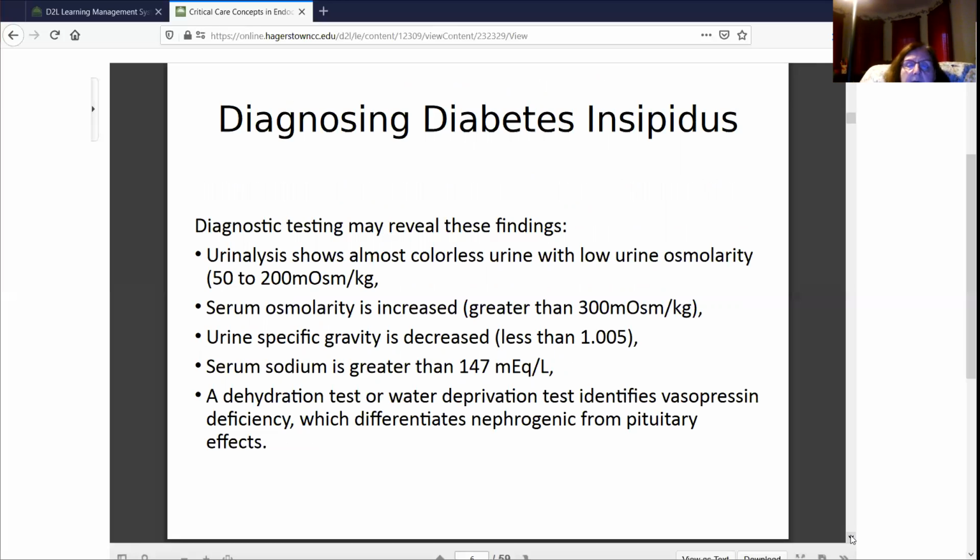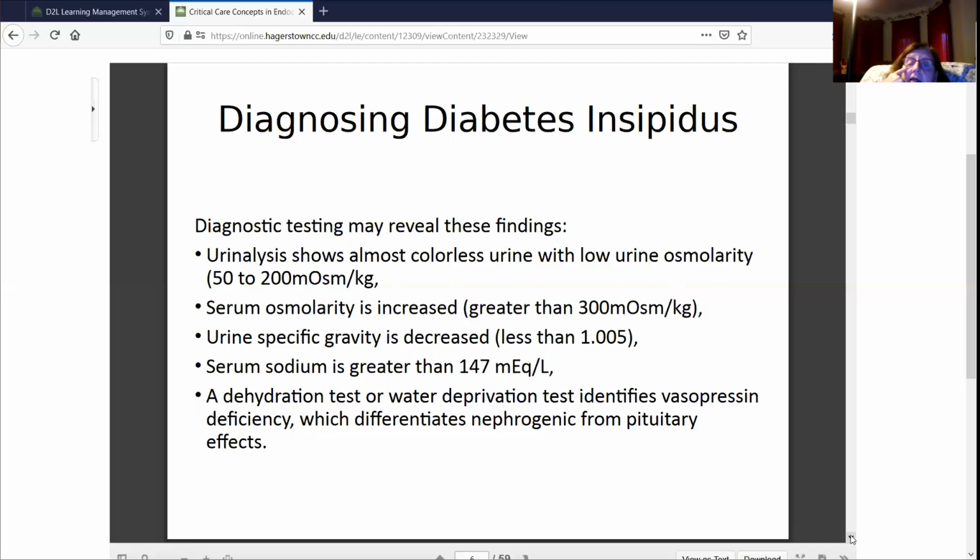their diagnostic testing may show urinalysis, almost colorless urine with low urine osmolarity, 50 to 200 milliosmoles per kilogram. Milliosmoles are just a way of measuring water. Serum osmolarity is increased greater than 300 milliosmoles per kilogram. You should know that, okay?